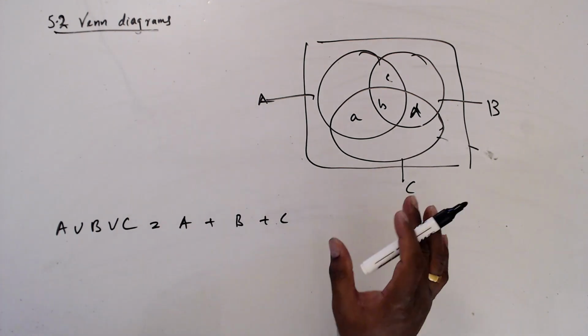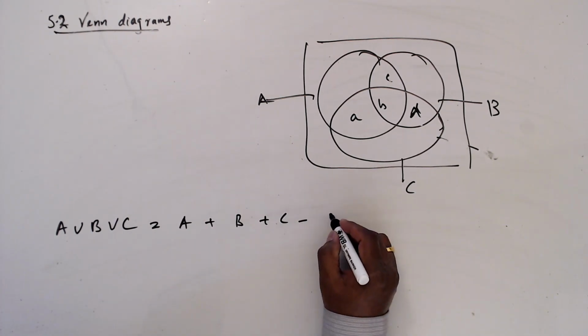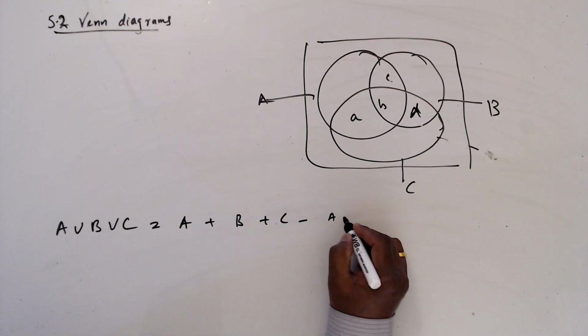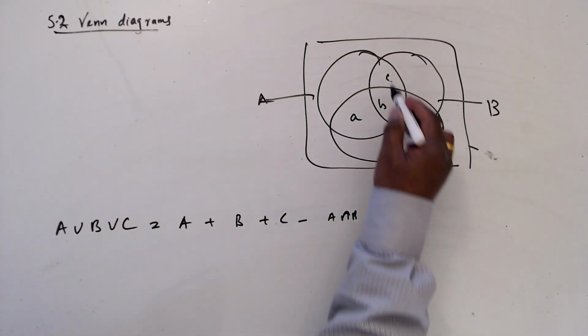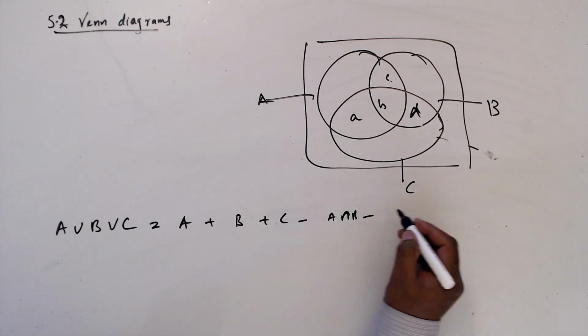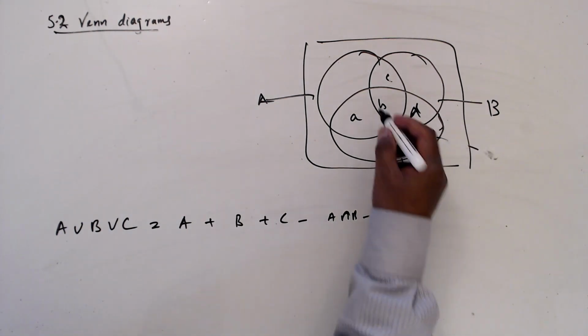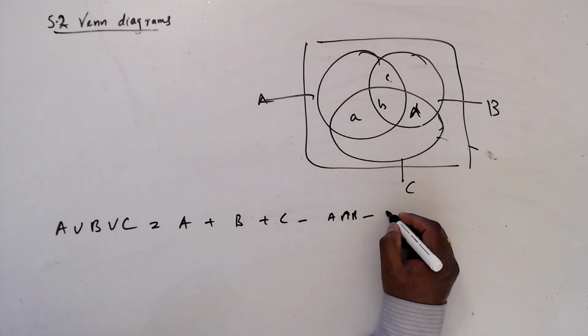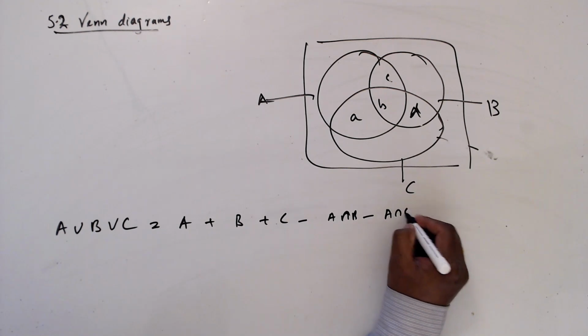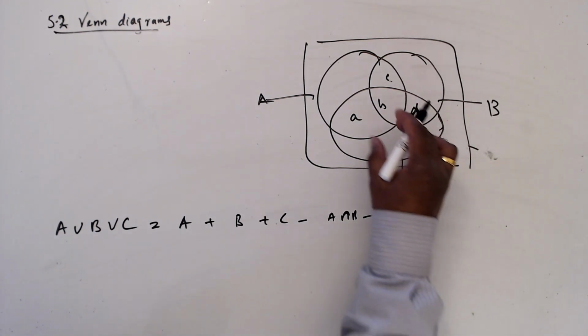Then I want to remove these. So I am removing A intersection B, one A intersection B. So one BC I remove, and another AB I am removing, minus A and C, and then AB removed.